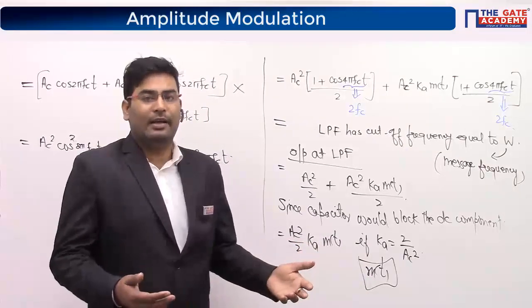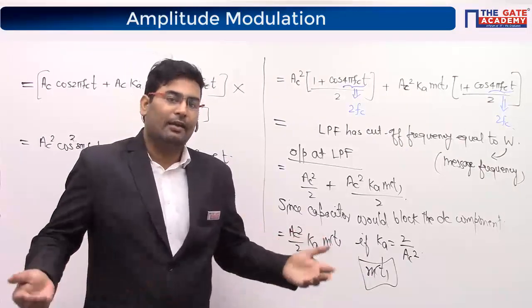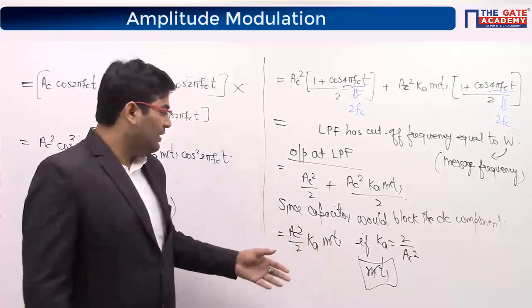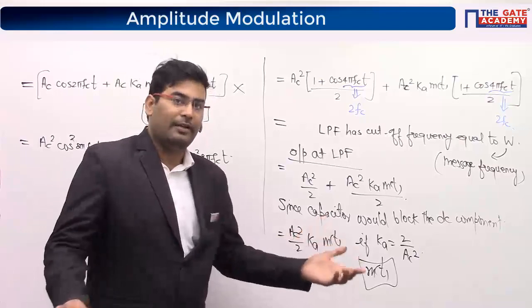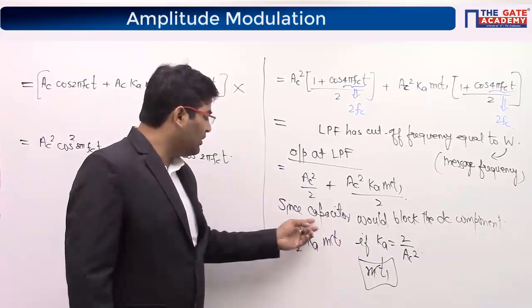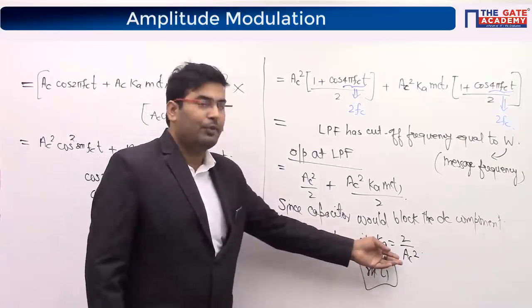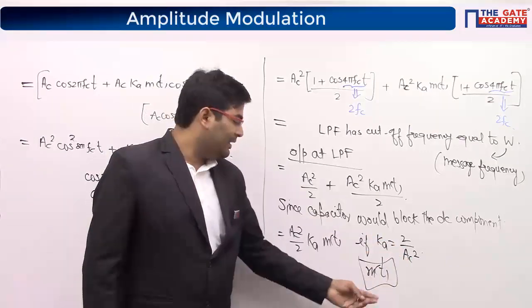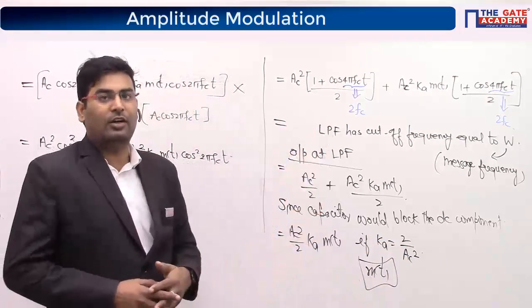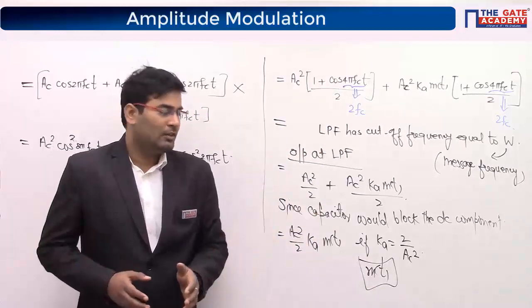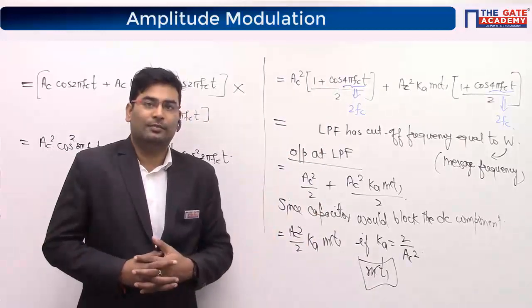You can divide twice m(t) by 2 and you will get m(t). So it's nothing. Even if you get any constant multiplied to m(t), it's fine. But if you want this whole thing to be 1, for that you have to put K equal to 2 by Ac square. And then you get the perfect message signal m(t), not any scaled version of it, not any boosted version of it. So I hope I answered your question.